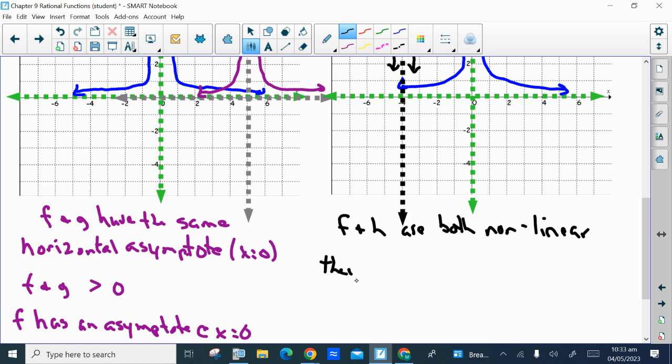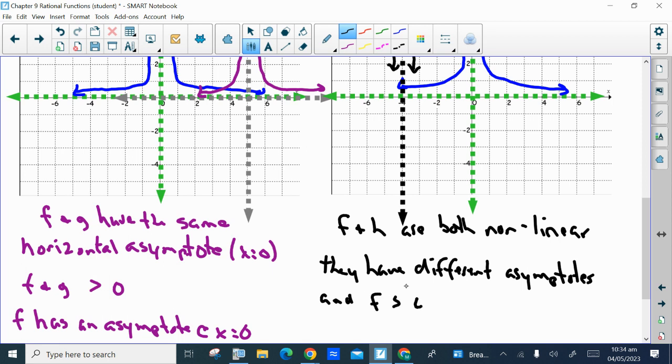They have different asymptotes, and f is always greater than 0. H on the other hand can be less than 0. Not always.